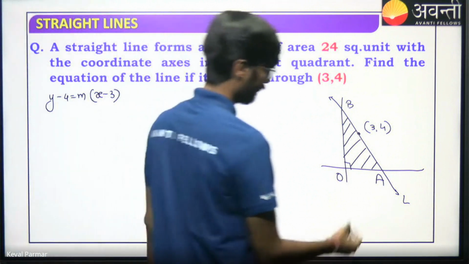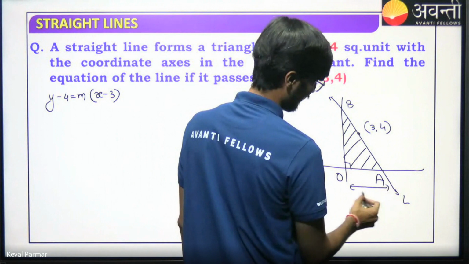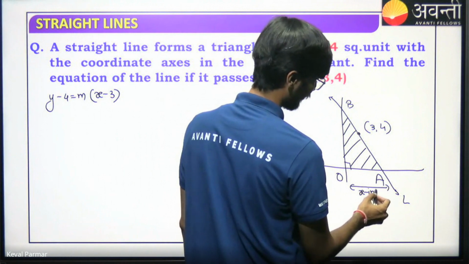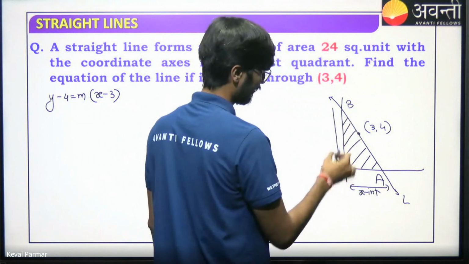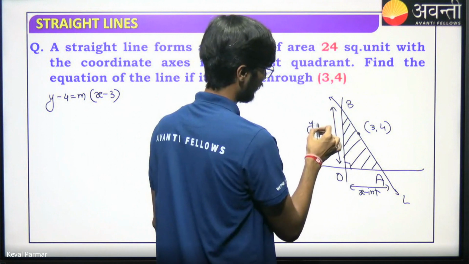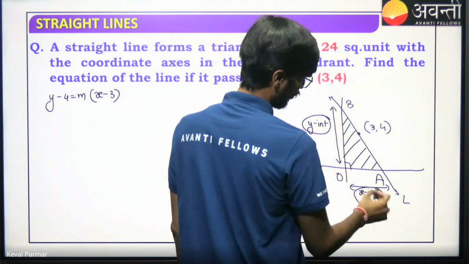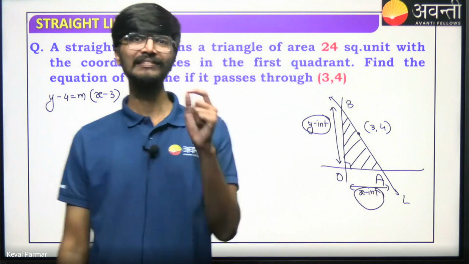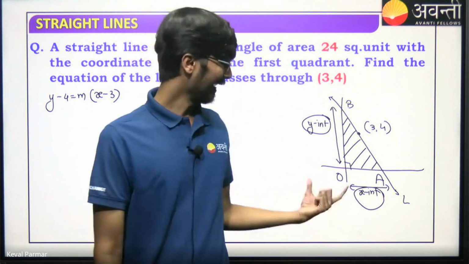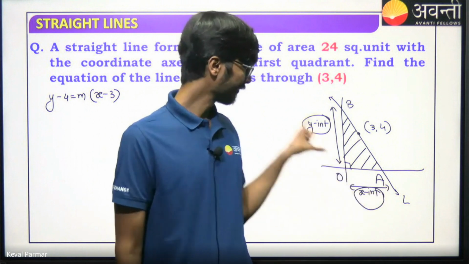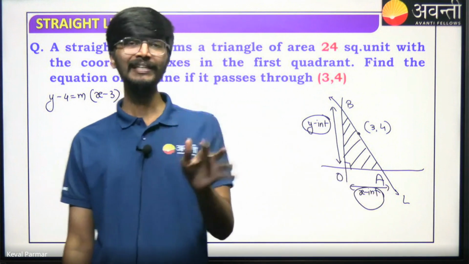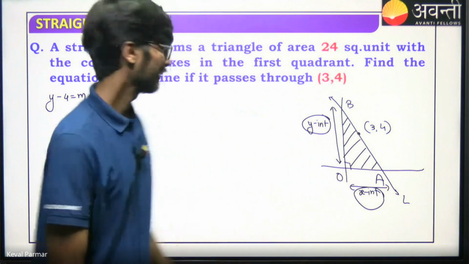Now, if you see, this is the x intercept and this is the y intercept. So, what will be the area of this right angle triangle? It will be half into base into height. That means we need to get the x intercept and y intercept.